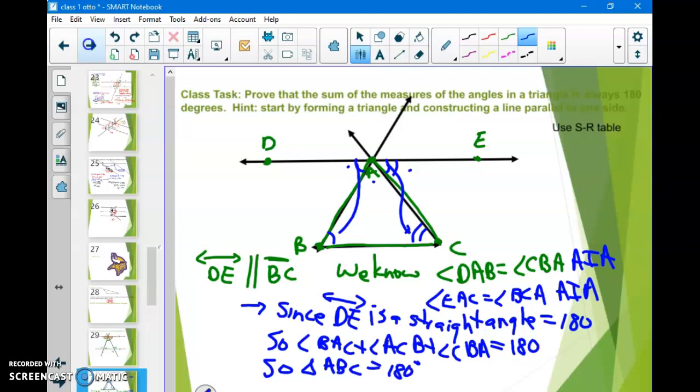Now, we haven't talked about the why for that yet, and I'm just going to let the cat out of the bag a little bit here and say it's by substitution. So, by substitution, because we can substitute this angle for that angle for that angle, and both back and forth to get that outcome.